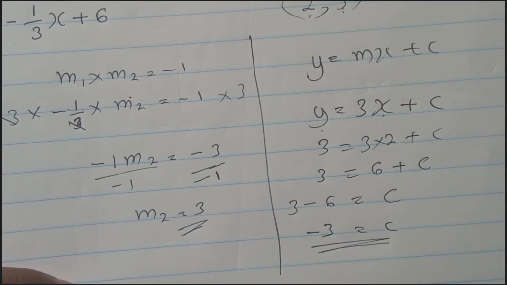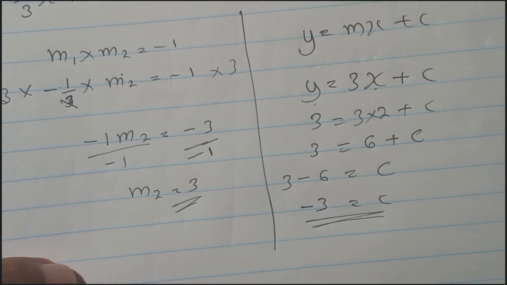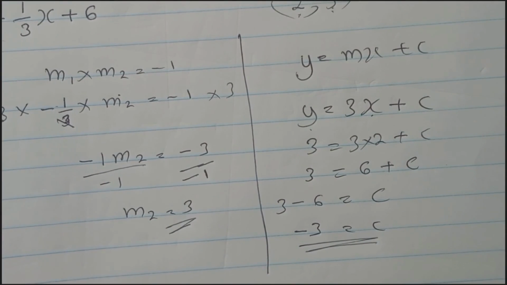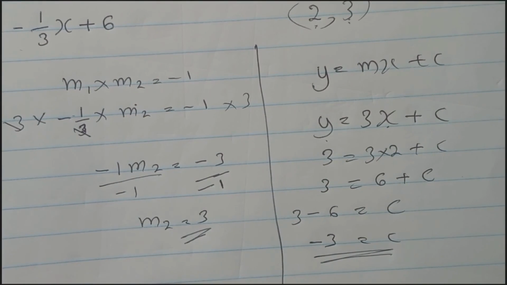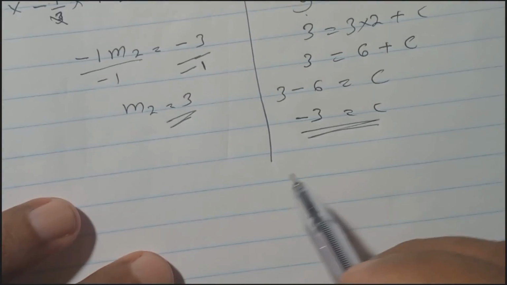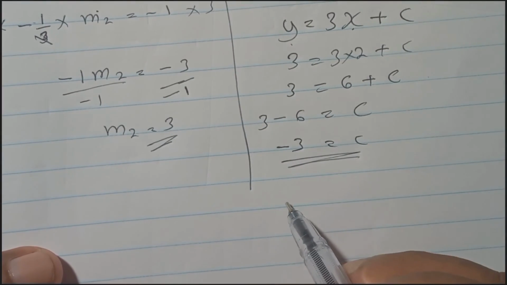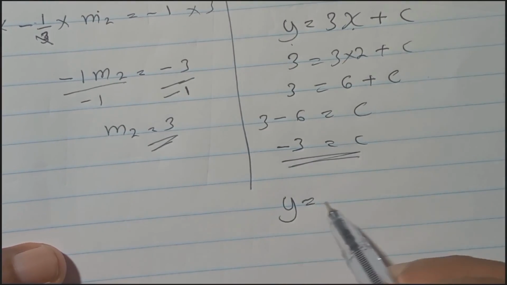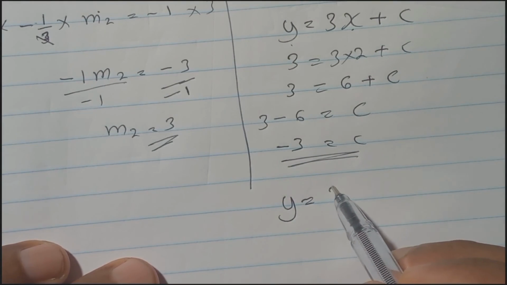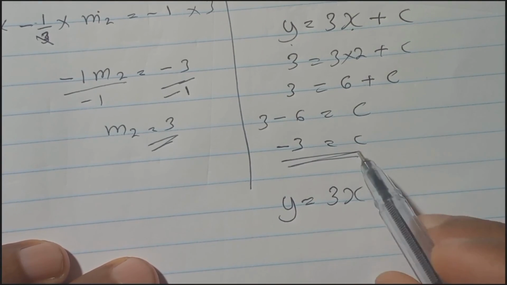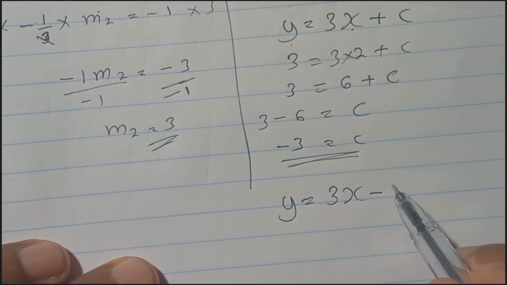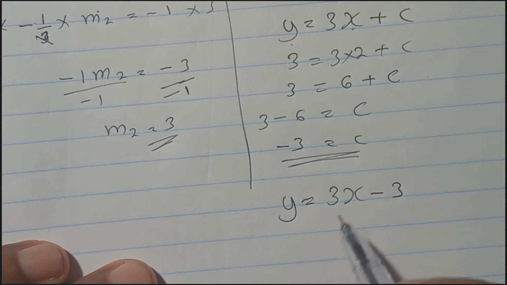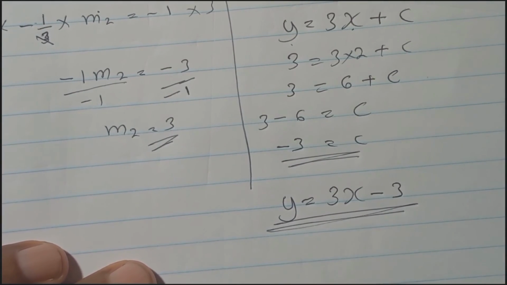So c is minus 3. Now we know the gradient and y-intercept of line S. So that's why we can write the final answer. The equation of the line is y equals 3x plus c, and c is minus 3. So y equals 3x minus 3. This is the equation of line S.